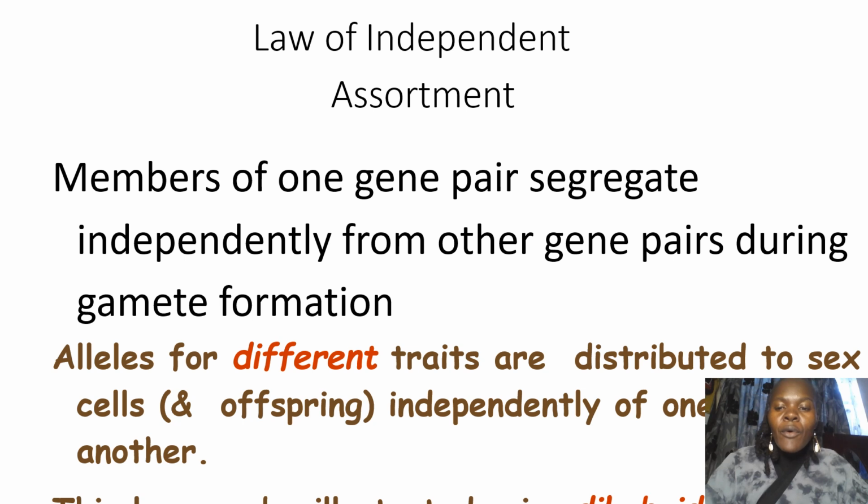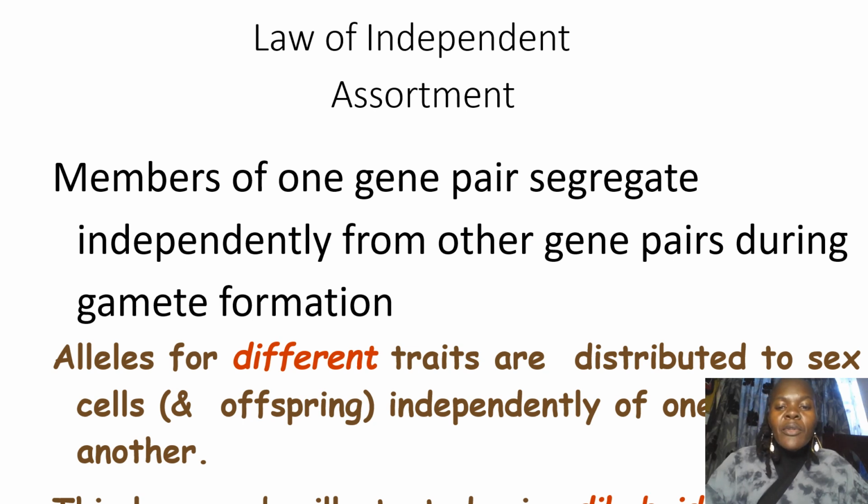Alleles for shape, we have the capital R, dominant for round, small r for wrinkled. That is the allele for the gene which controls shape. Then we have alleles for the gene which controls height. I've given, for example, capital T for tallness, small t, which is recessive for shortness.